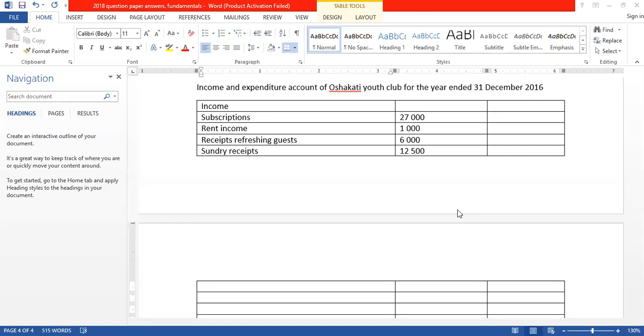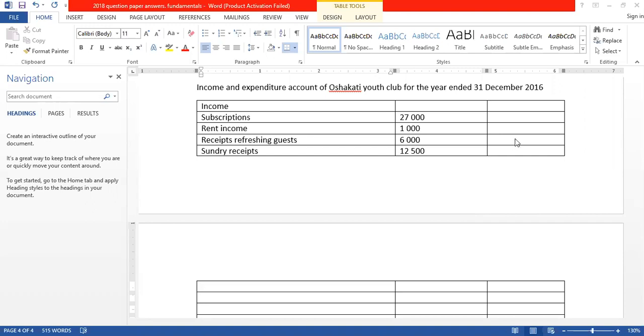Let's quickly just add up all our income. So we have subscriptions of 27,000 plus rent income of 1,000 plus receipts of refreshing guests of 6,000 plus sundry receipts of 12,500.